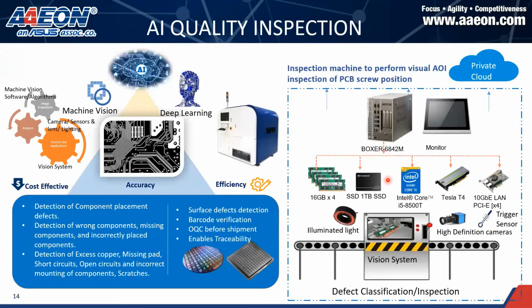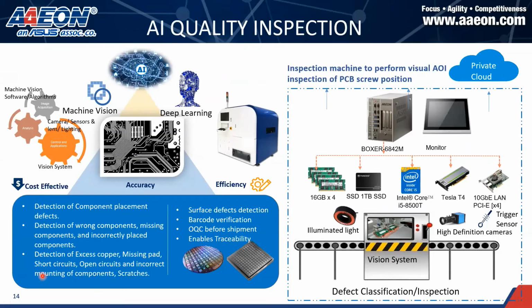And then the other one is AI quality inspection systems. Lots of our customers purchased the 6842N to do quality inspections. It requires really extreme computing power, so you can have some different applications in that vertical market.